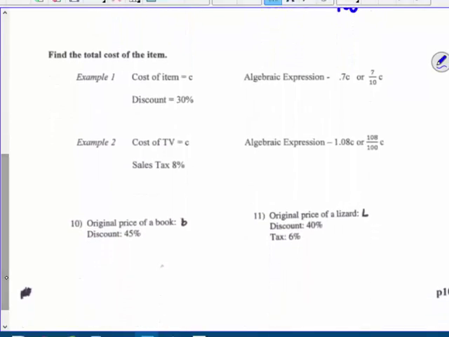So we're going to use the same examples. I don't know what it is, C, at a discount of 30%. To find the total, I'm going to be subtracting or adding from the 100. So here I'm going to subtract 30%, which is going to give me 70%. And converting that to its decimal equivalent is 7/10 C, as you can see here.